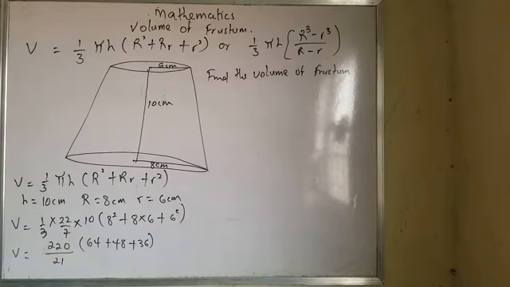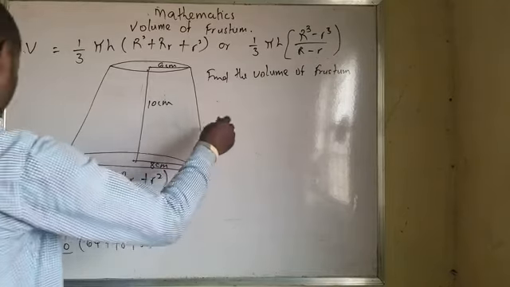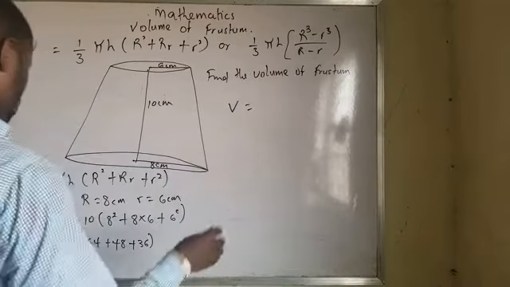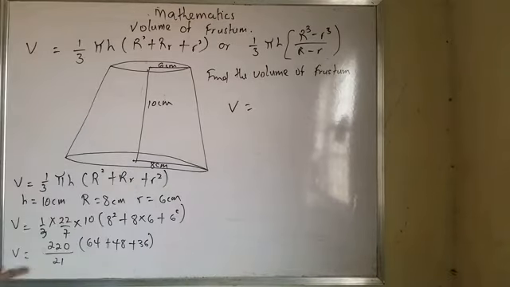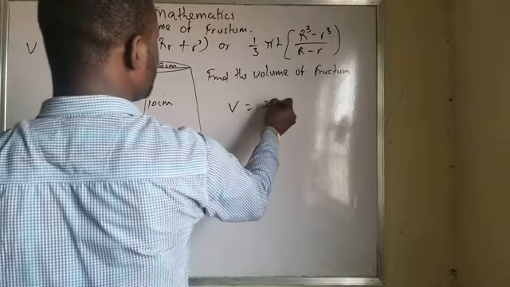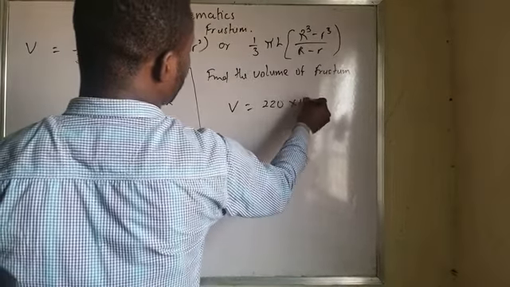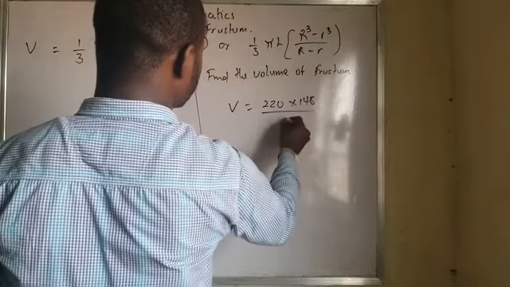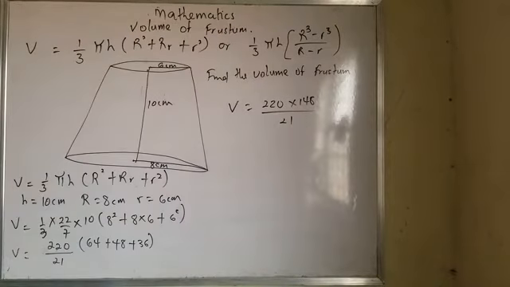The volume will be equal to adding up 64, 48 and 36, which is going to be 148. It means 2 multiplied by 148 divided by 21.